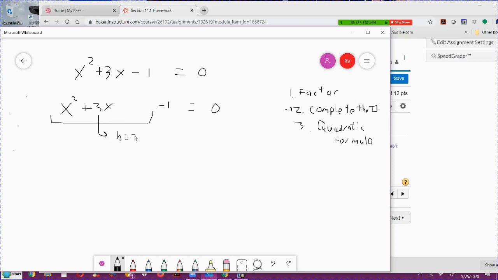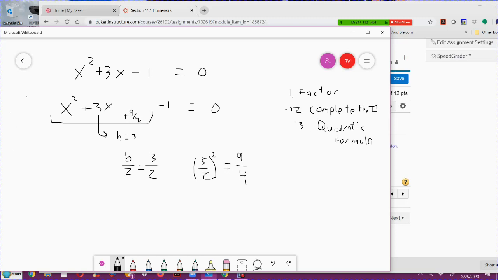And I'm going to divide that number by 2, so in this case that's 3 halves. Then I'm going to square that b divided by 2. So 3 halves squared, in my case, is 9/4. And that's what I'm going to add in here to make the perfect square trinomial.